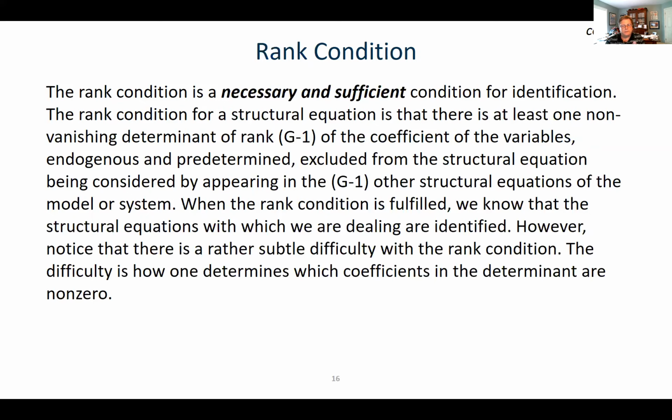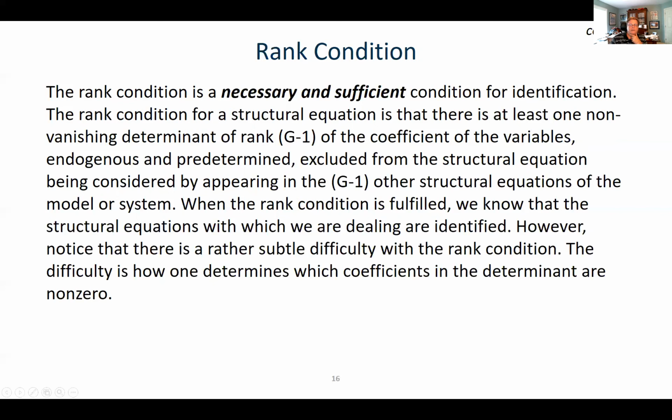And the rank condition, as stated before, is a necessary and sufficient condition for identification. In this case, we need to find a non-vanishing determinant of rank capital G minus 1. So if we have two equations, the non-vanishing determinant would be of rank 1. If we had capital G equal to 3, we need to find at least one non-vanishing determinant of rank 2.